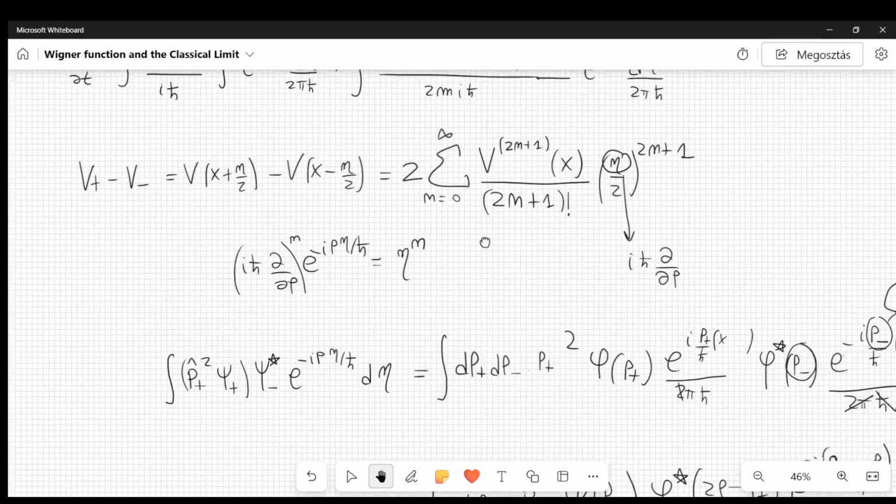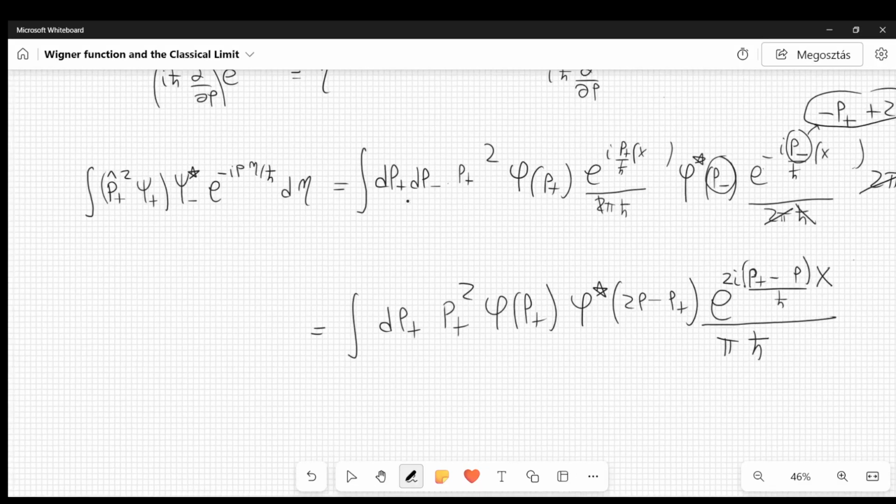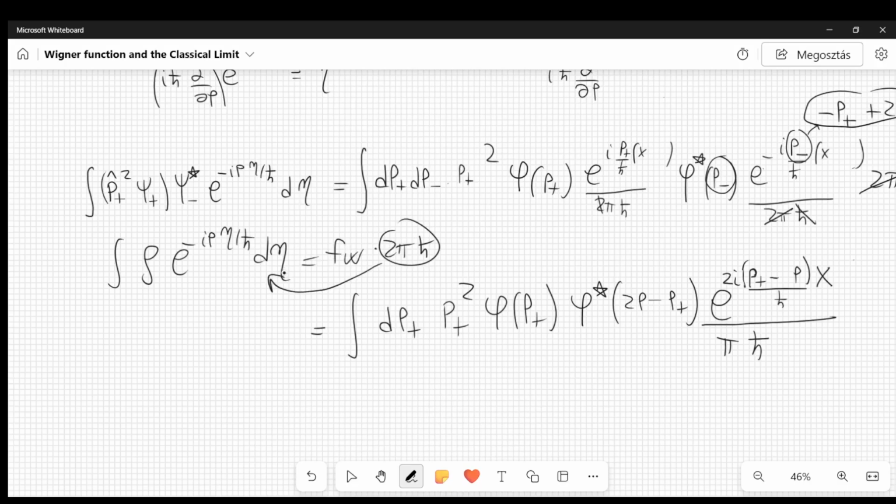It's something that we obtained with some sweat. We sweated it a little bit, starting from here, and you can see that if we remove this p plus squared, what we have in here is just an integral of rho e to the minus I p eta over h bar d eta, which is exactly fw, but we also have to multiply by 2 pi h bar, which is a constant that appears here in the denominator.